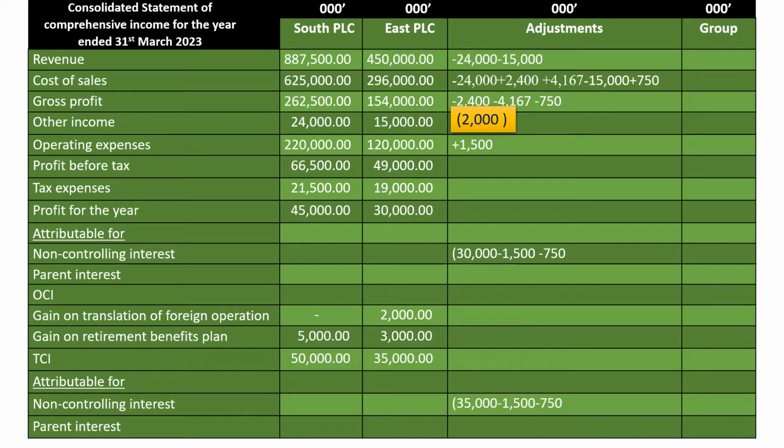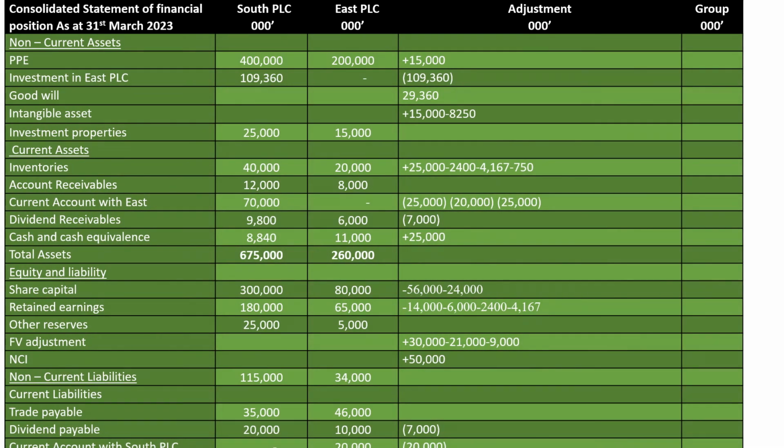Therefore, we have to remove the over depreciation of 400. Here, we are going to add back the over depreciation into the property, plant and equipment. At the same time, we are going to remove the unrealized profit from it.